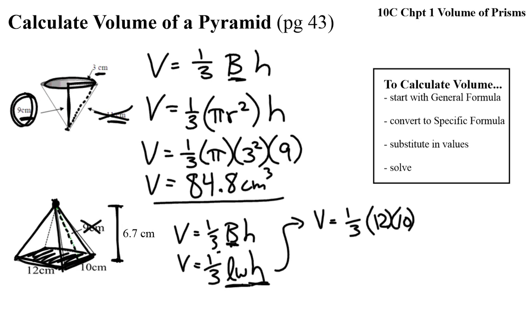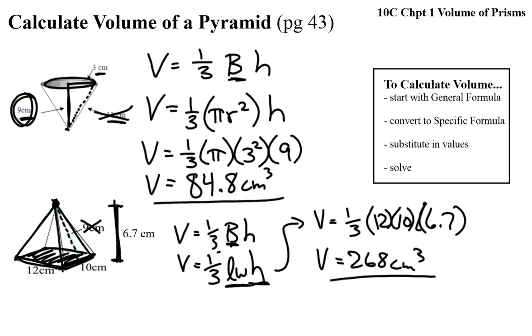Volume uses the straight up and down vertical height, which is 6.7. 1/3 times 12 times 10 times 6.7 gives us 268 centimeters cubed. Volume calculations. Not overly complicated. As long as you keep prism, big BH, separate from pyramid, 1/3 big BH. If you practice it, it won't be that bad, I don't think.